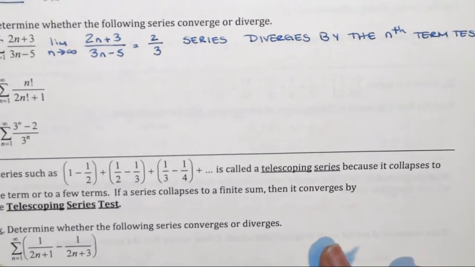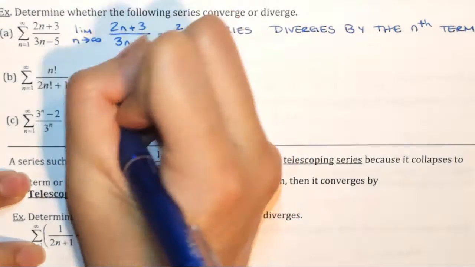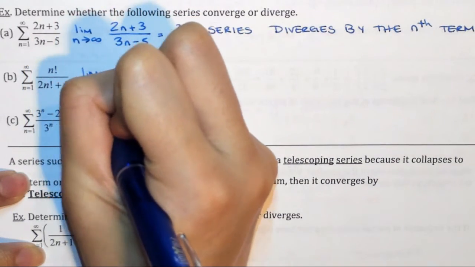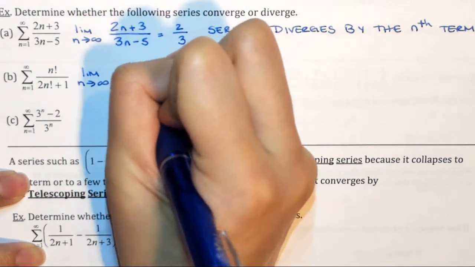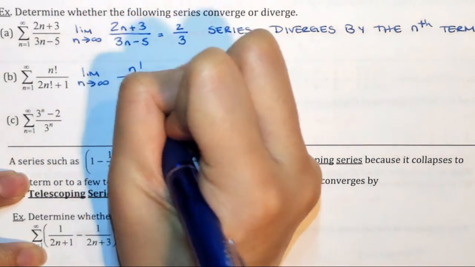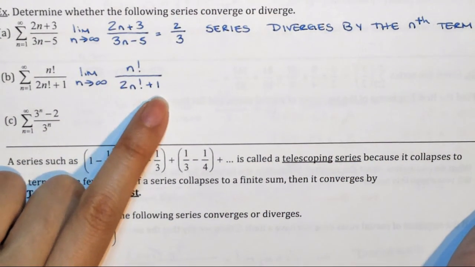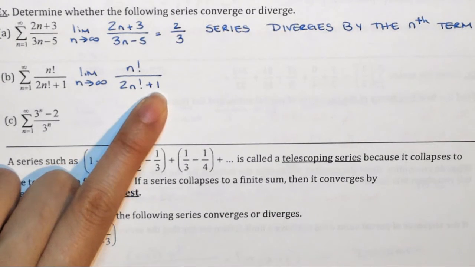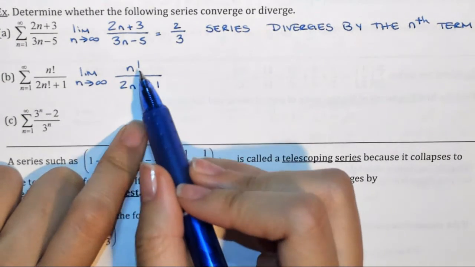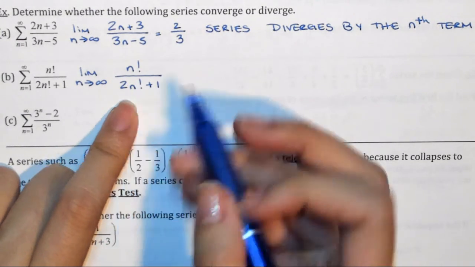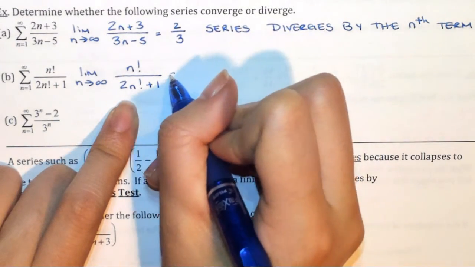For B, let's evaluate the limit again. Limit as n goes to infinity of n factorial over 2n factorial plus 1. And remember, as you go to infinity, the plus 1 is inconsequential. And then we have n factorial over 2n factorial. So this limit is going to go to 1/2.